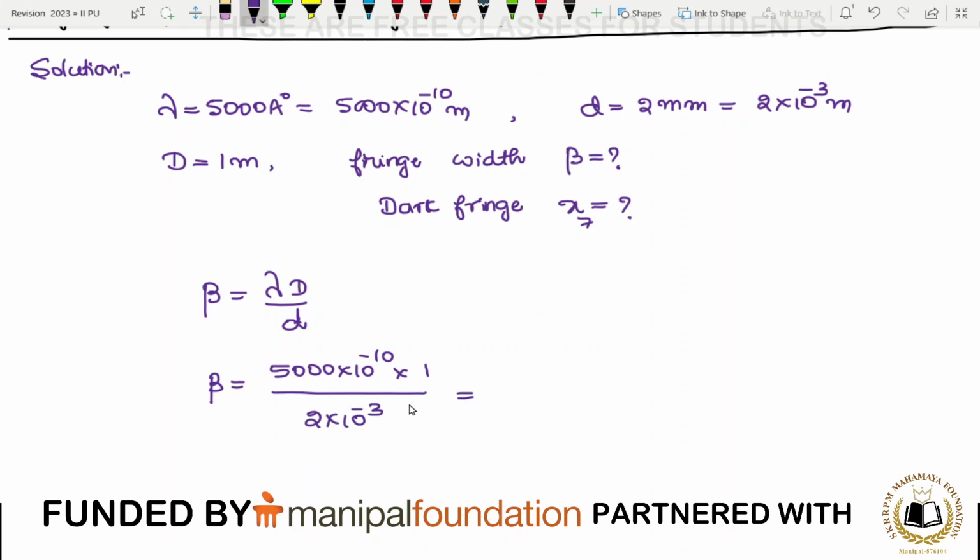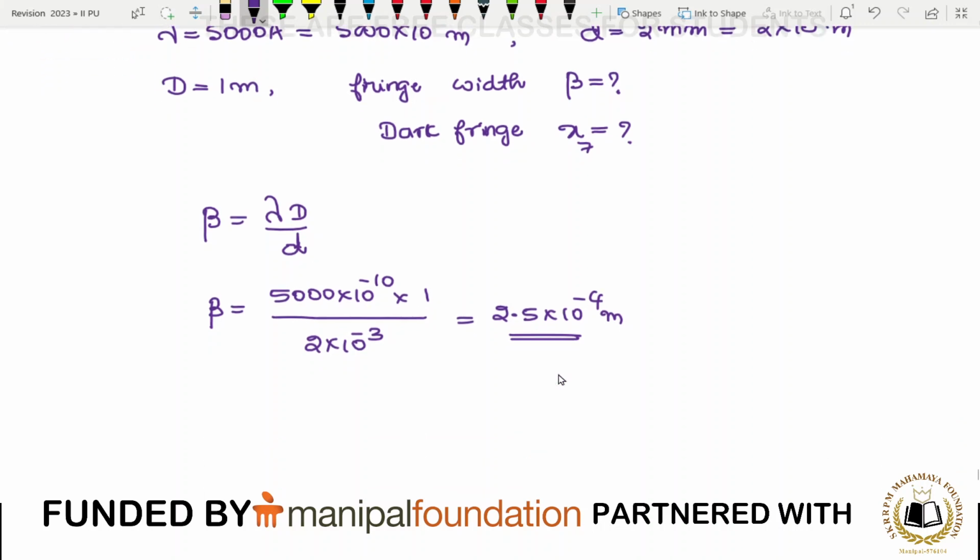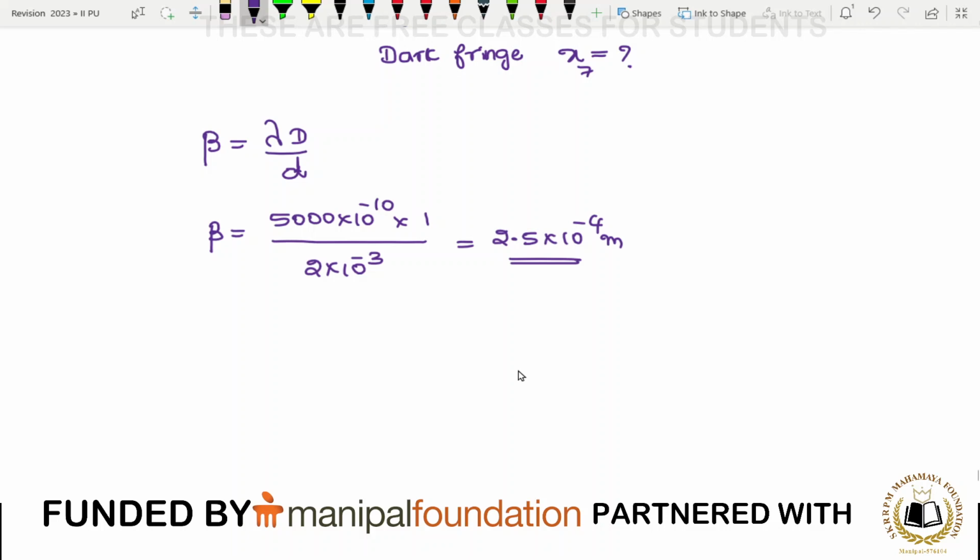Just solve this one. 5 by 2 becomes 2.5 into 10 to the power minus 4. Here 3 zeros are there and minus 3 goes up, becomes plus 3. So 3 plus 3 becomes 6, and minus 10 becomes minus 4. So 2.5 into 10 to the power minus 4 meter. That is the fringe width. Direct substitution you do.